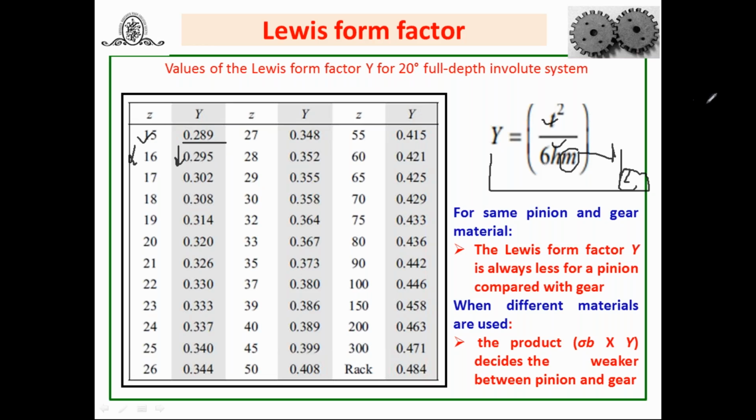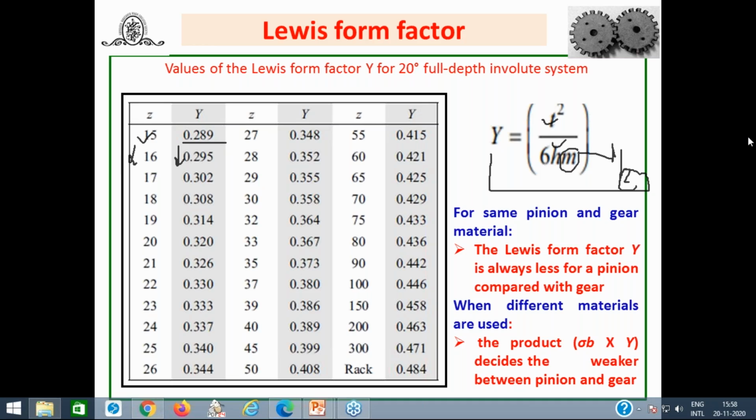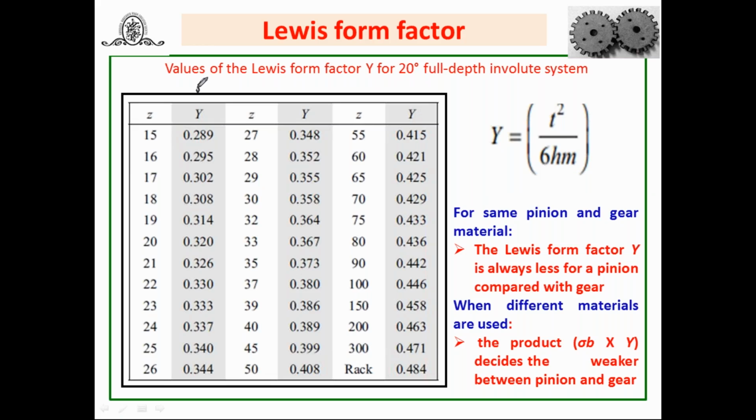This is one thing. Now we are going to discuss one important point. You know very well I have written Sb, beam strength Sb, is equal to what? m into b into sigma b into Y. Now suppose, look at this, this is the pinion, one gear is the pinion, the second one is the gear, and both are made of the same material.